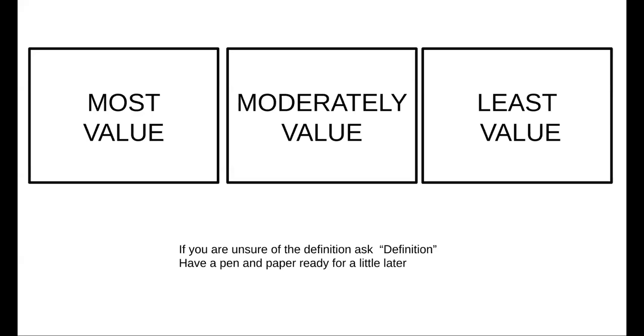But if you're not sure what it means, please ask for a definition. For example, questioning is the freedom to be able to ask questions: most valuable, moderately valuable, or least valuable to you. So the word is questioning. Questioning. Most value.